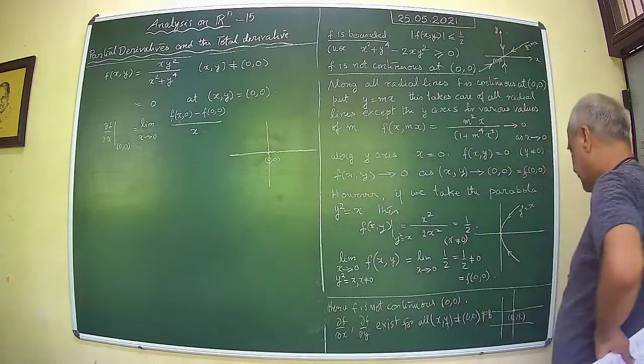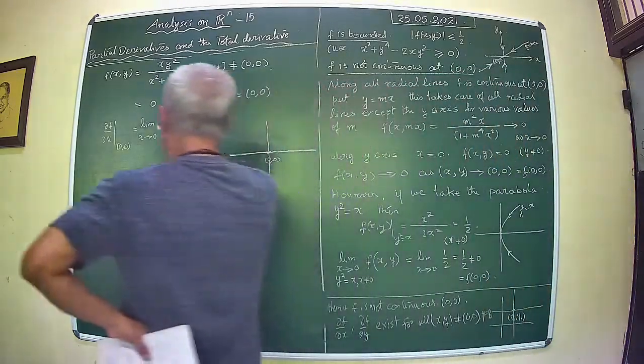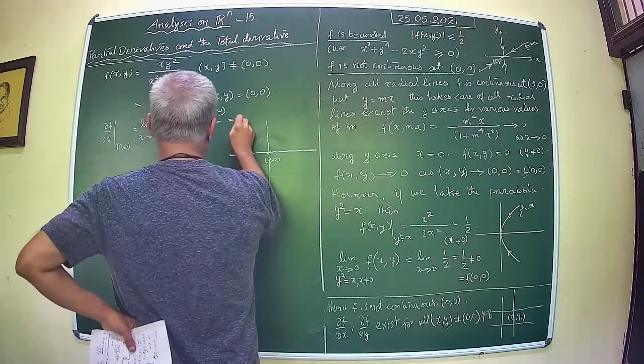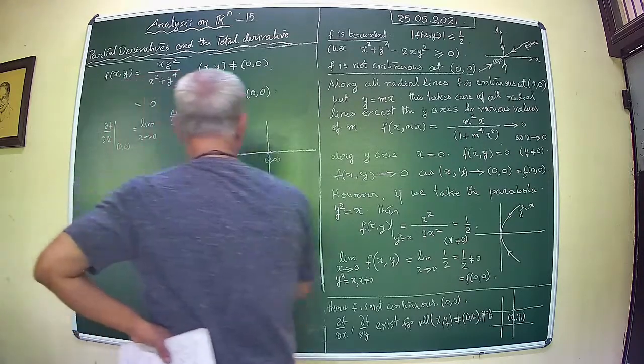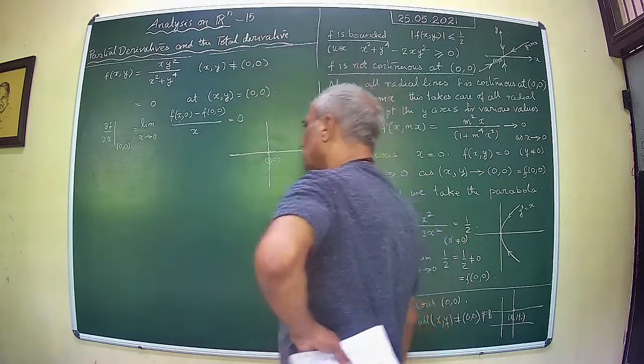So you see that both f(h, 0) and f(0, 0) are equal to 0. So the partial derivative df by dx at 0, 0 is 0.